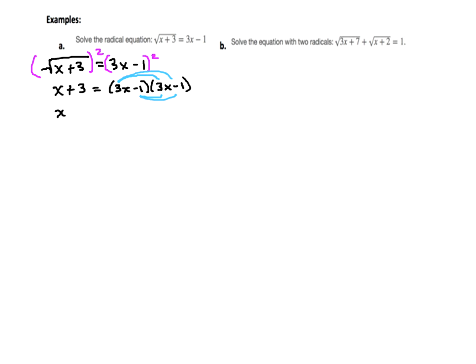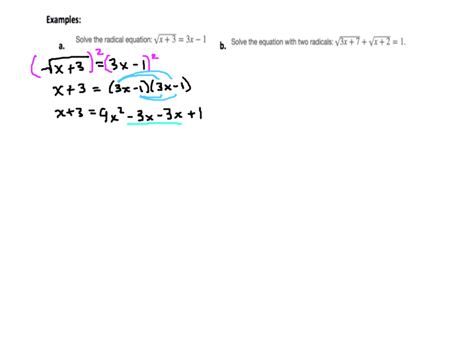So I still have the x plus 3 hanging out, and now I have 9x squared minus 3x plus 1. And now I have the polynomial equation, and we already have looked at how to solve polynomial equations. We've got to get it equal to 0, and I have like terms that I can combine as well.